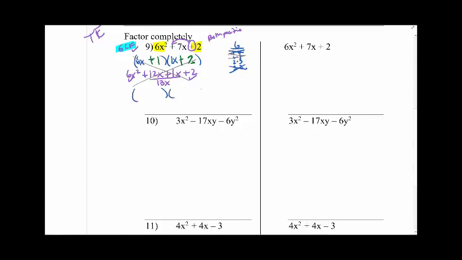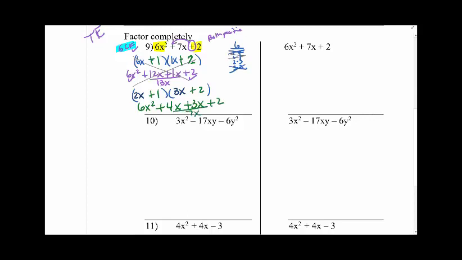So I'm going to set it up again with the plus 1 and the plus 2. What I say is, yes, you can erase it, but at least keep a list of what you've tried. So my last possible piece is going to be a 2x and a 3x. If I FOIL this one out, I get 6x squared plus 4x plus 3x plus 2.